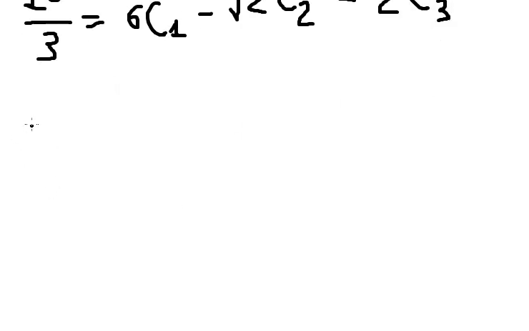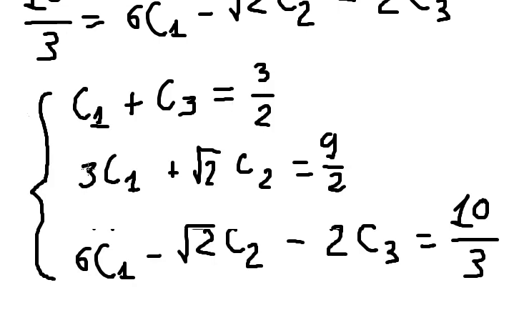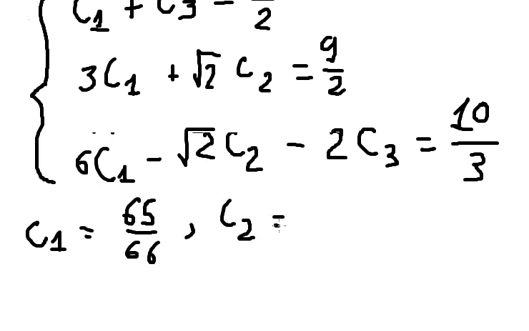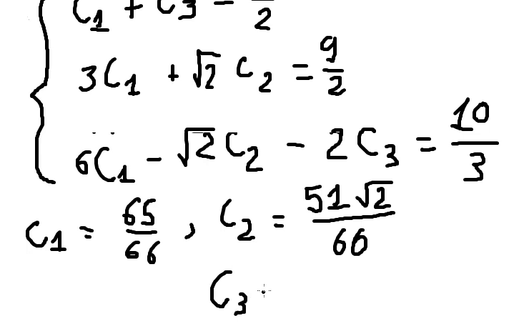And now we have the system of equations in here. So we calculate c1, c2, and c3. Here is the answer. c1 we have 65 over 66. c2 is 51 times the square root of 2 over 66. c3 we have 17 over 33.